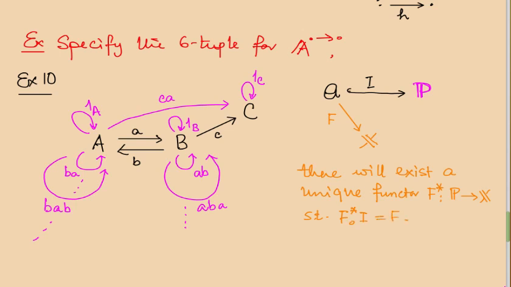A similar composition of such things can be defined and so on. So there will exist a unique functor.